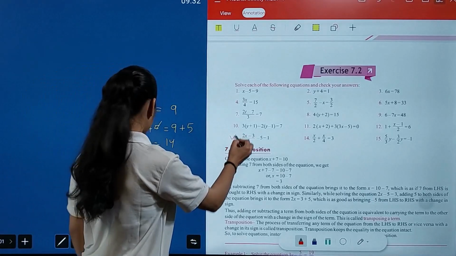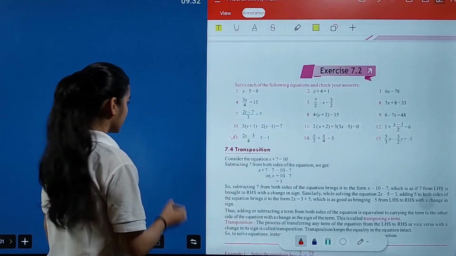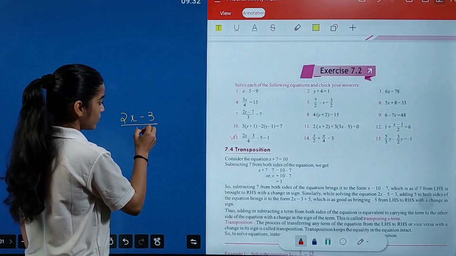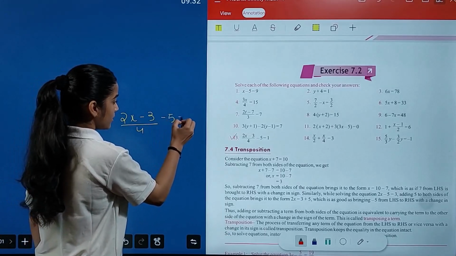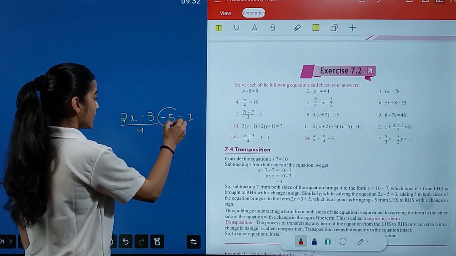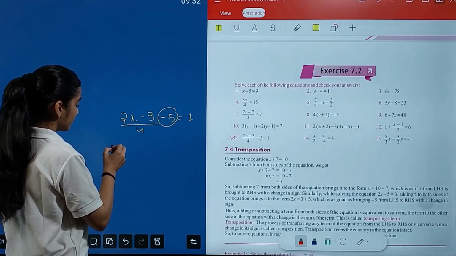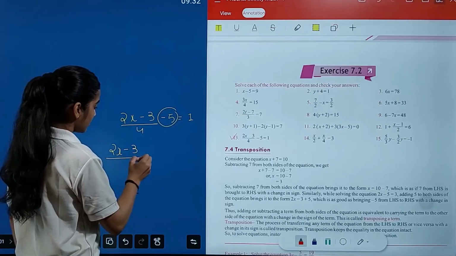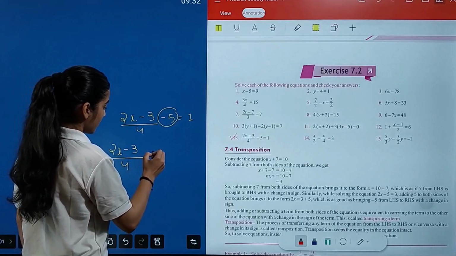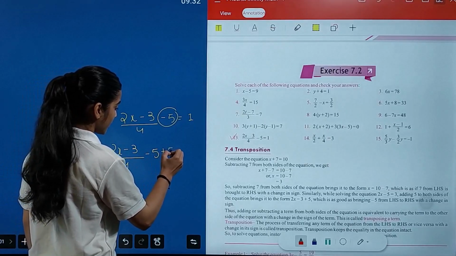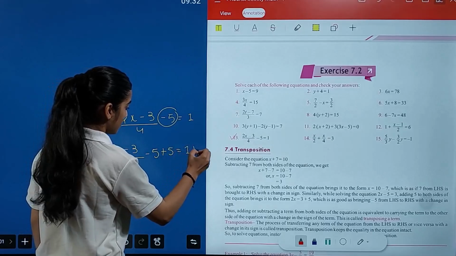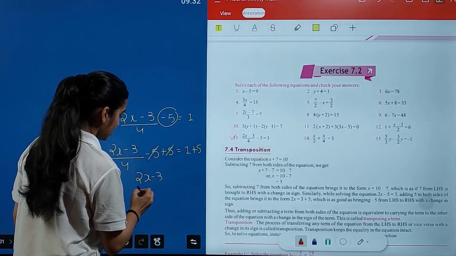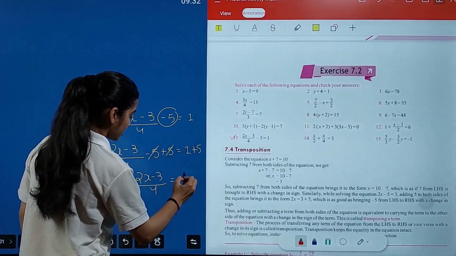Now question number 13. 2x minus 3 by 4 minus 5 is equal to 1. So first of all we have to add 5 to both sides. So 2x minus 3 by 4 minus 5 plus 5 is equal to 1 plus 5. Okay, so minus 5 plus 5 cancel out, and 2x minus 3 by 4 is equal to 6.